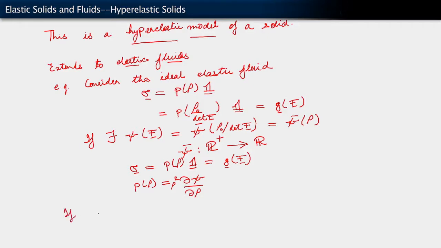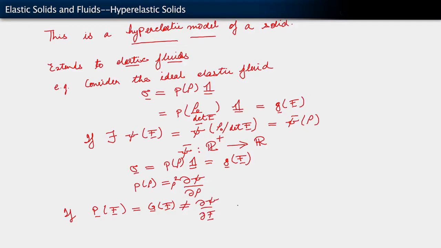If we don't have a hyperelastic solid, getting back to the notion of a solid, if we have that P, which is a function of F, is equal to this constitutive function, so right now we have a Green elastic solid, but we say that g of F is not obtained as the derivative of any strain energy function.